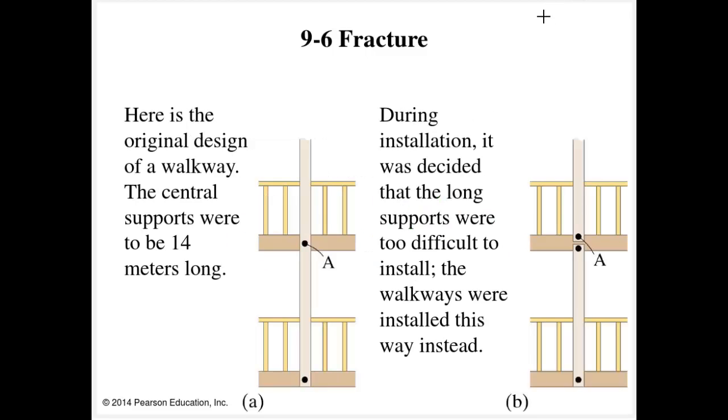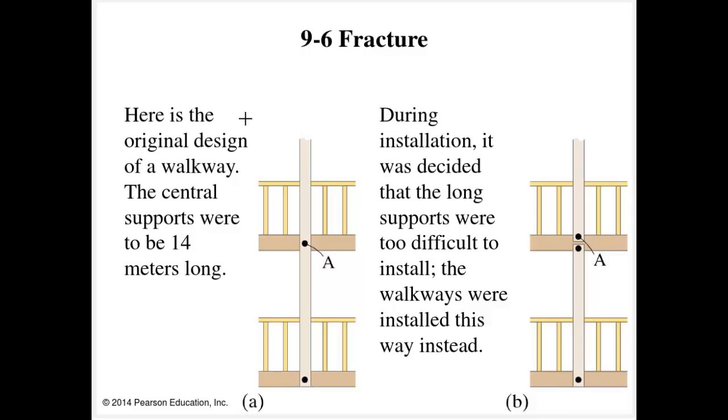So while we're talking about fracture, there was a walkway in Kansas City that collapsed and killed about 100 people. It was engineered properly, however it was built wrong because the people that were building it didn't understand the simple physics that was behind all of it.